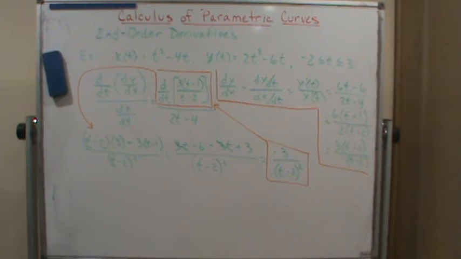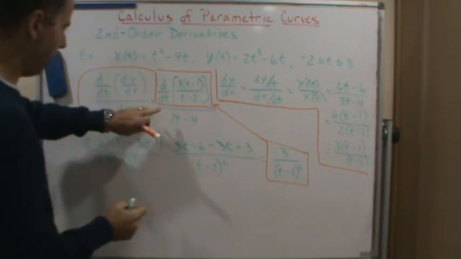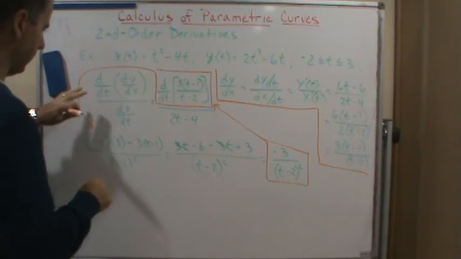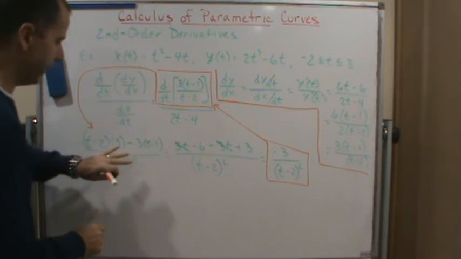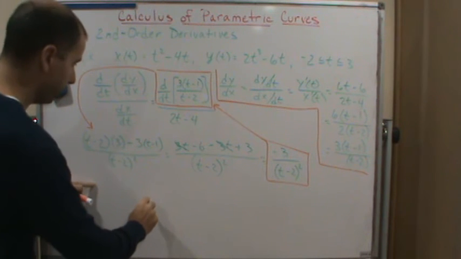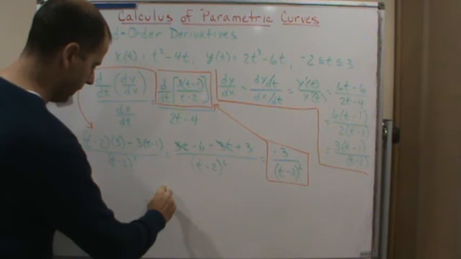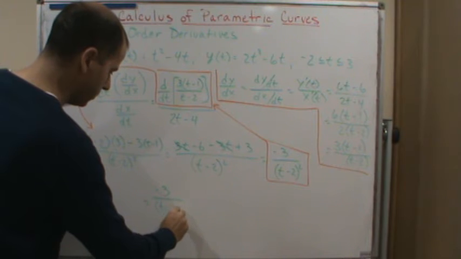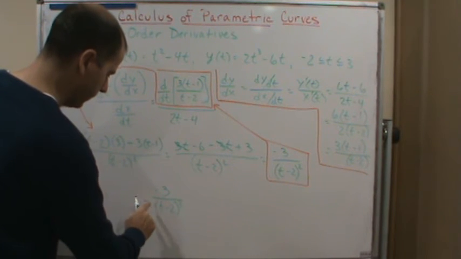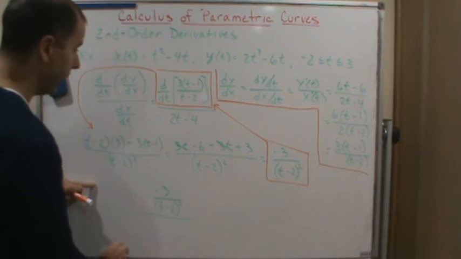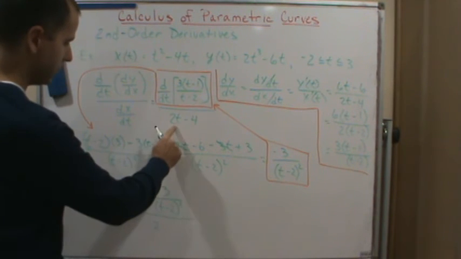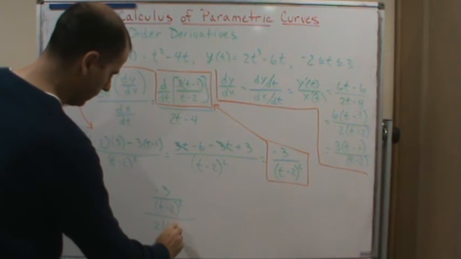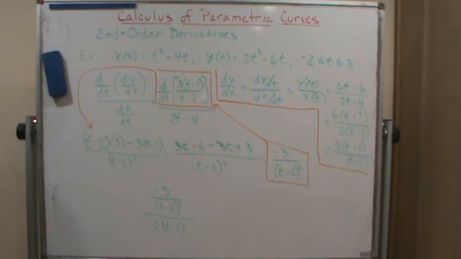So what does that give me? Well, now this whole thing becomes negative 3 over (t minus 2) squared, divided by 2t minus 4, which is just 2 times (t minus 2), right?